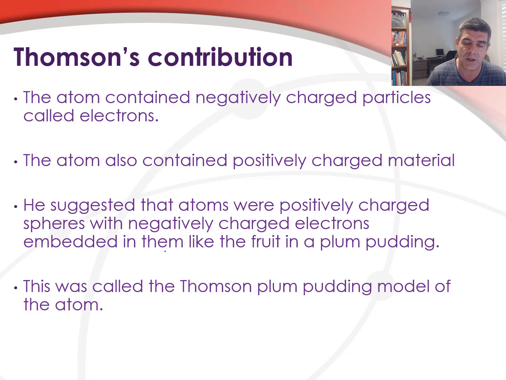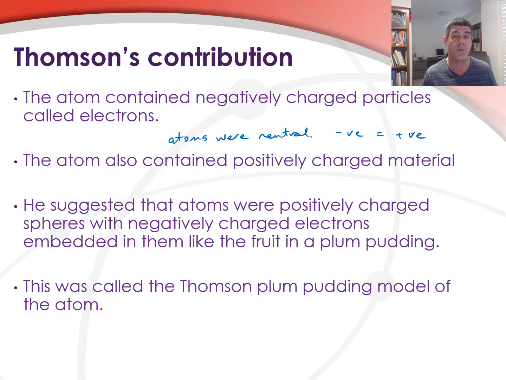Now Thomson also realized that if atoms were neutral, then any negative charges must be balanced by positive charges. So we had to have a balance of negatives and positives.